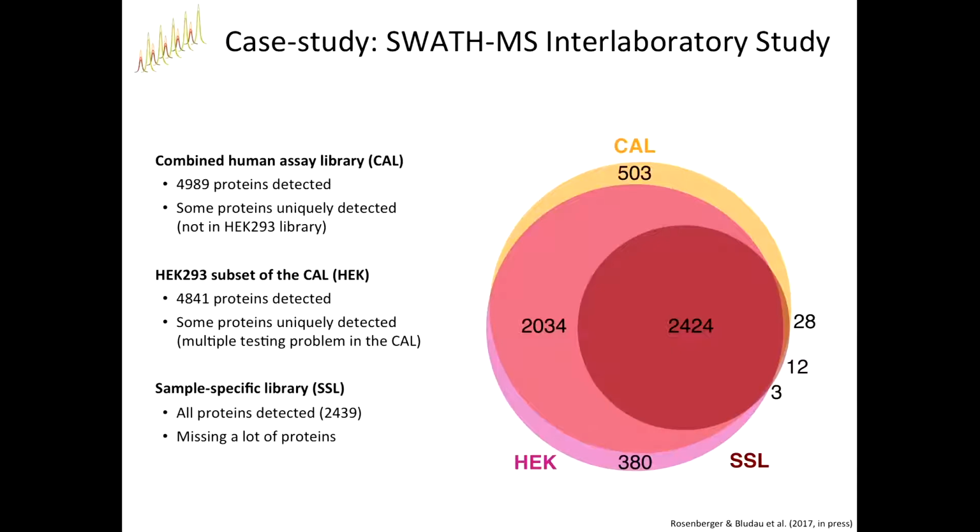The HEK library also has a few unique detections, which is most likely coming from the fact that the statistical testing burden for the combined assay library is much, much larger. So these are things that you can find because you have to correct less for multiple testing, right?